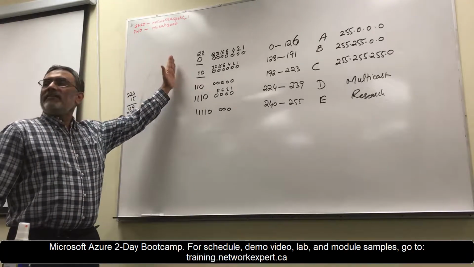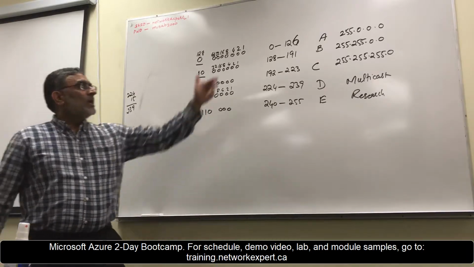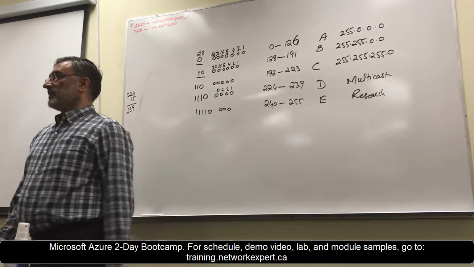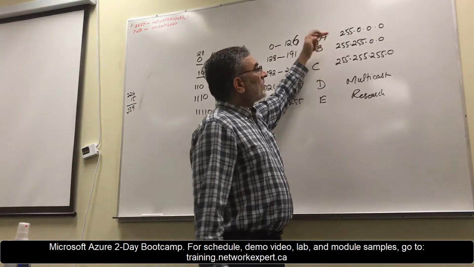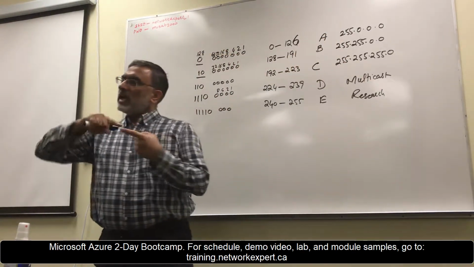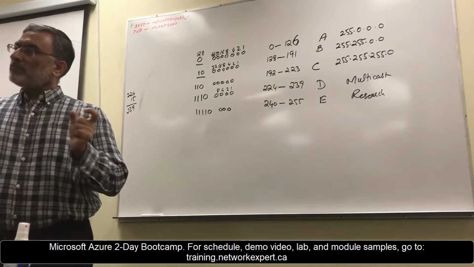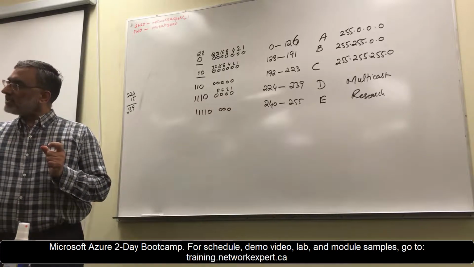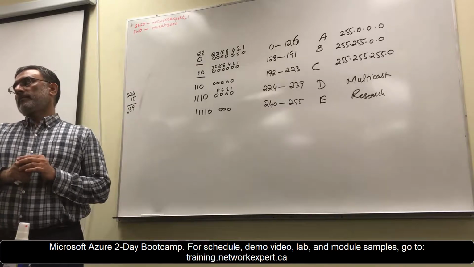This is how they have classified IPv4 into A, B, C, D, and E classes. And these are the default subnet masks for A, B, and C class, and with the help of the subnet mask, computers identify what portion of an address is the network portion and what portion is the host portion. Okay.